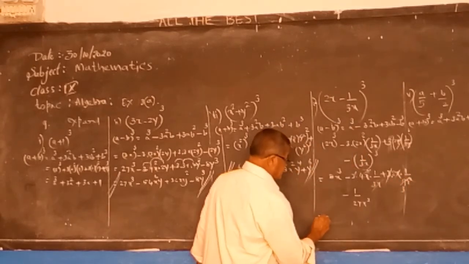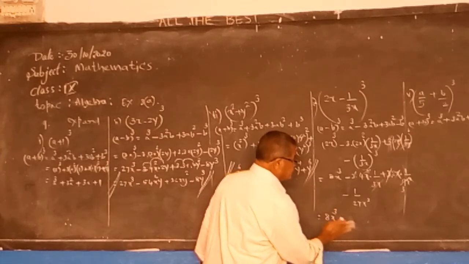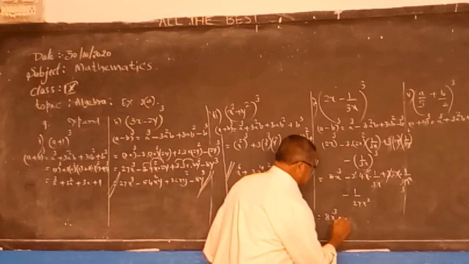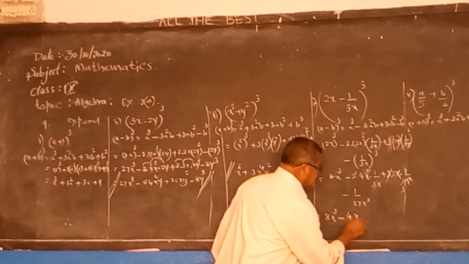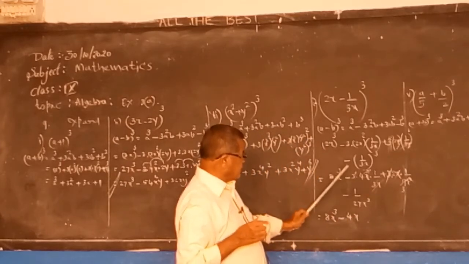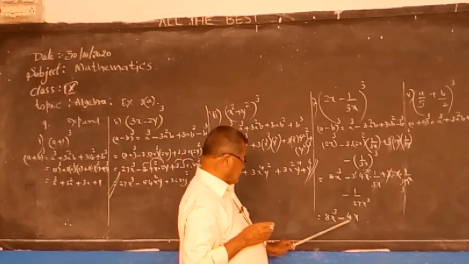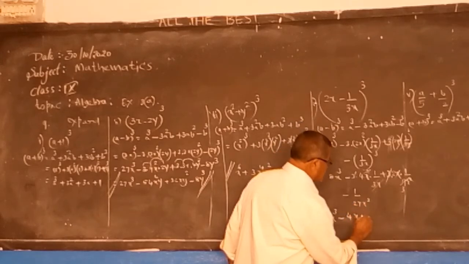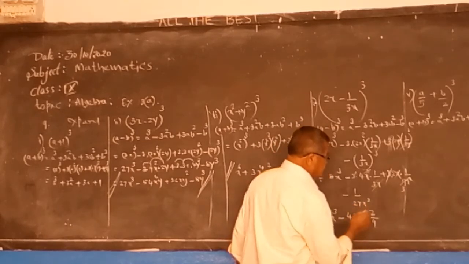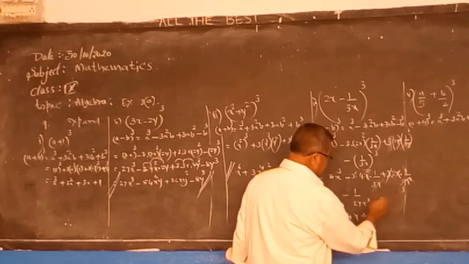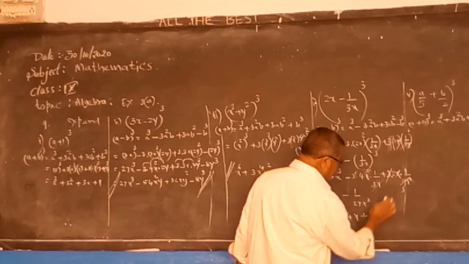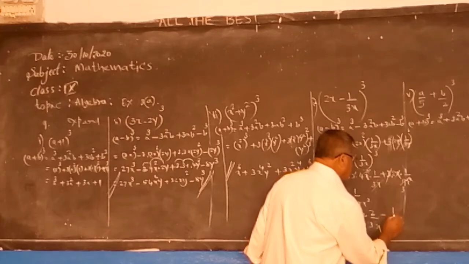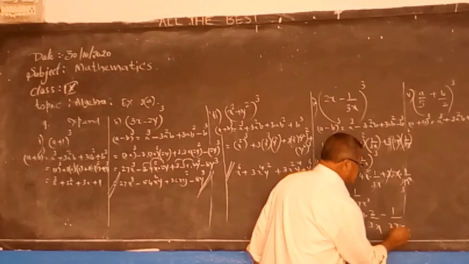Now 8x cube, don't get confused, minus 4x, 3 cancels, minus 4x, that's all, plus 2 is left, 3 is left in the denominator, so 2 by 9x, 2 by 3x, and the last one is minus 1 by 27x cube.